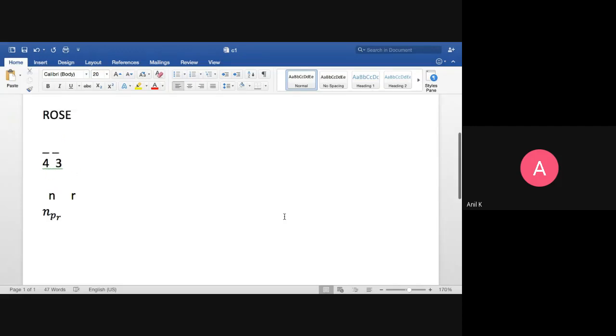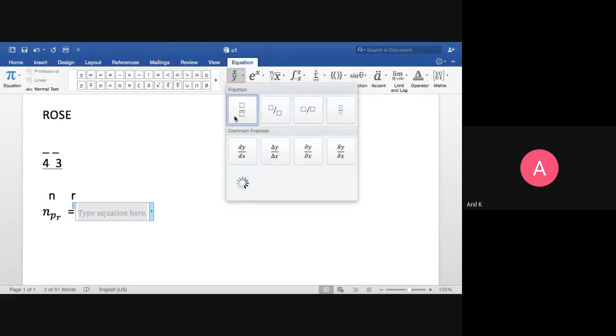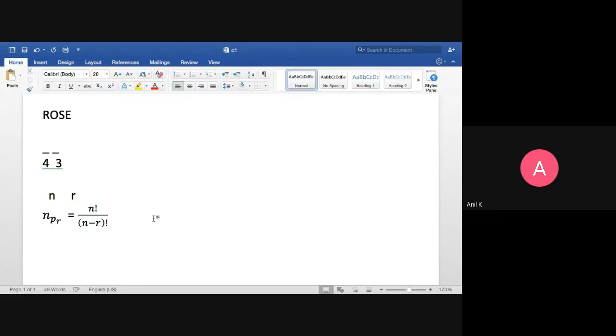What exactly does nPr mean? The formula for nPr is n factorial upon n minus r factorial.